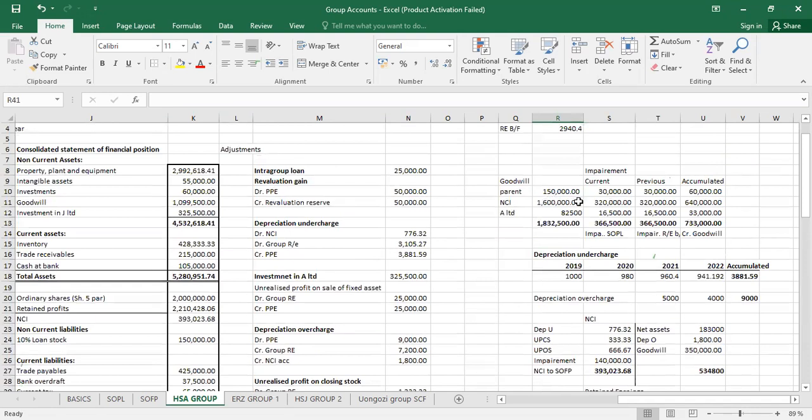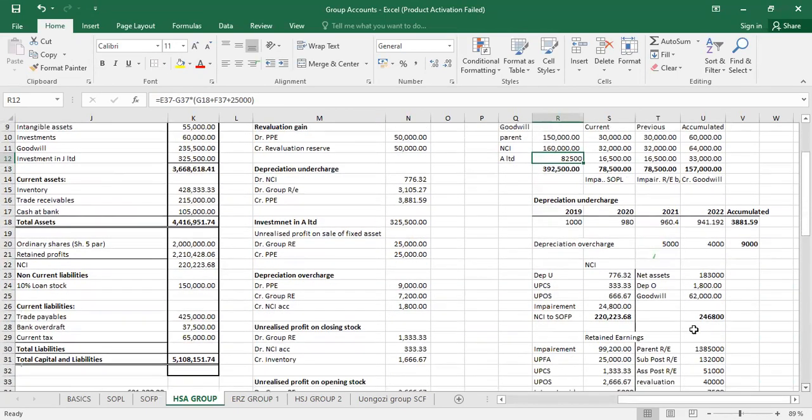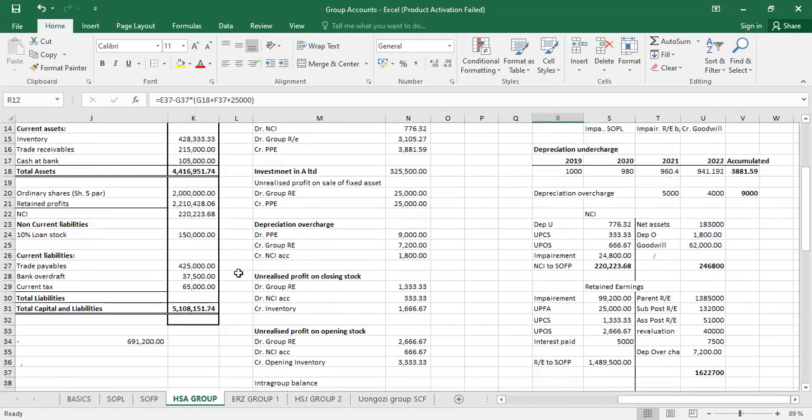The fair value of NCI cannot be higher even than the goodwill here. But even if it is at 80, let me delete this one here.